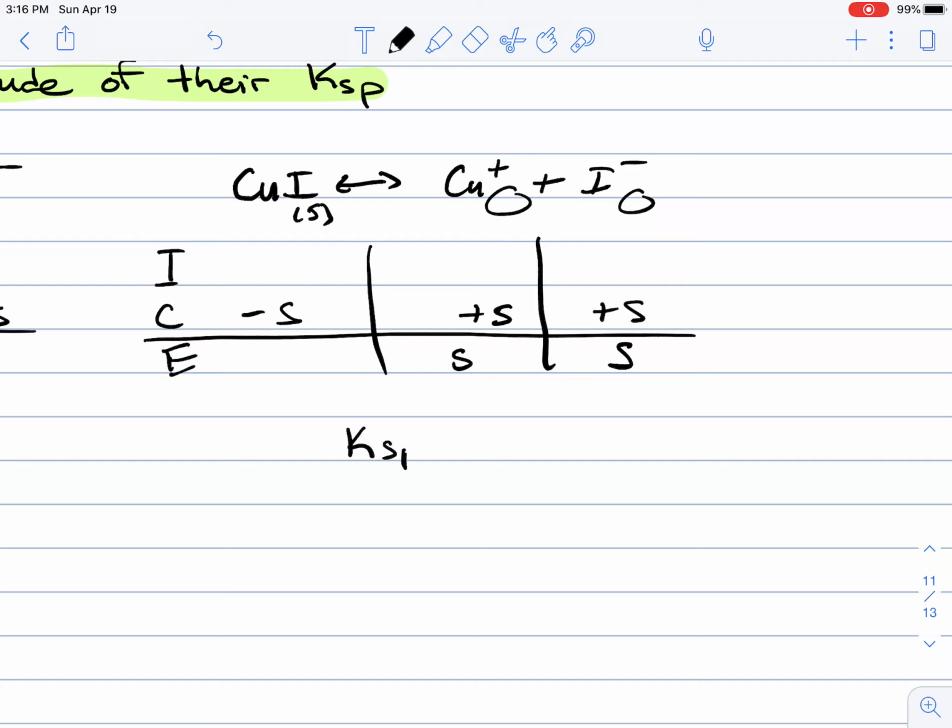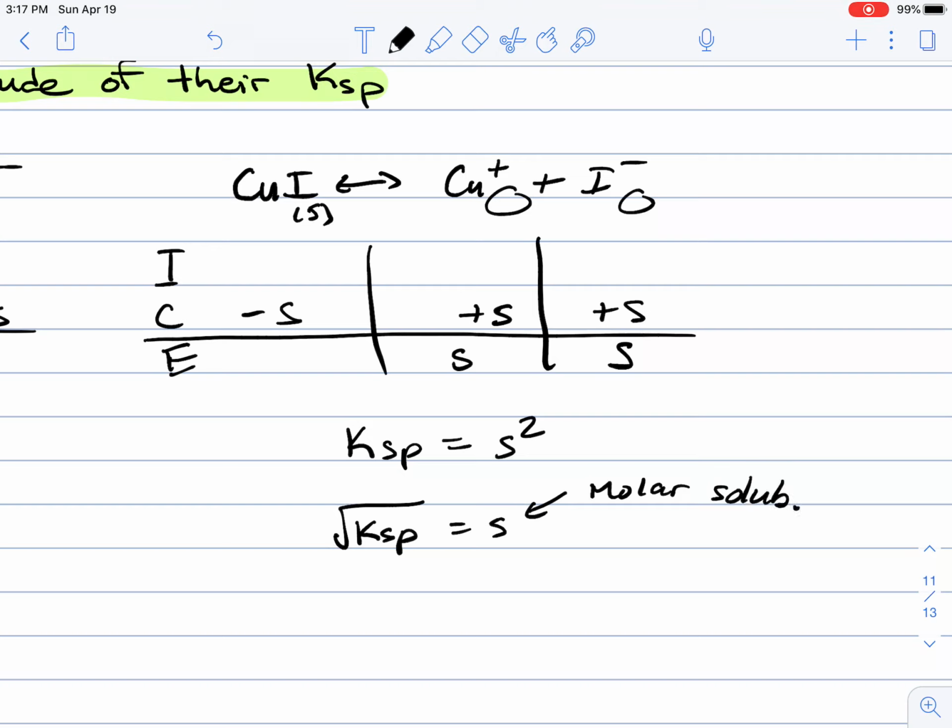If you write the mass action expression, it's going to be S squared, and I'm going to square root both sides, and the molar solubility, represented by S, is going to equal the square root of the KSP.